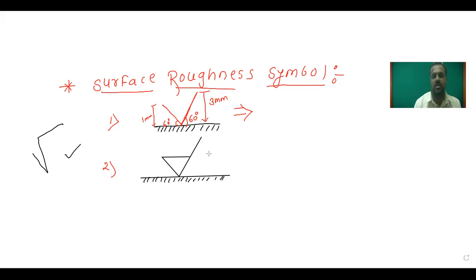And what is the meaning of that symbol? Also, I will explain. First of all, we just have to draw the symbol here. See, this is the second symbol. And then the third symbol, I'm going to draw here.